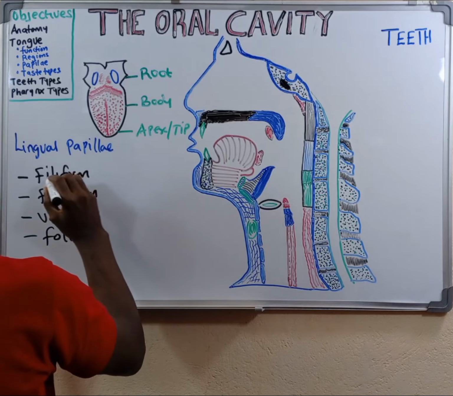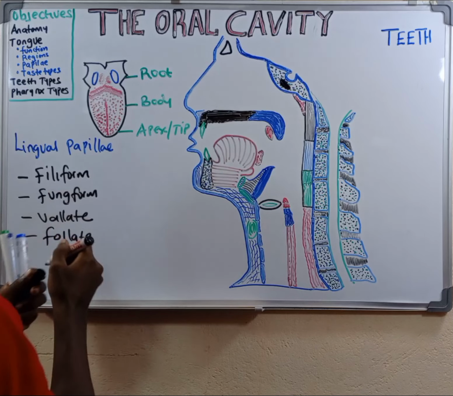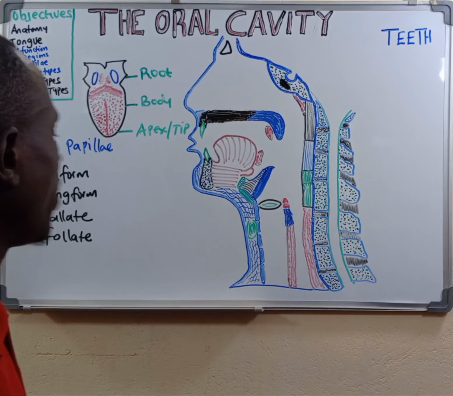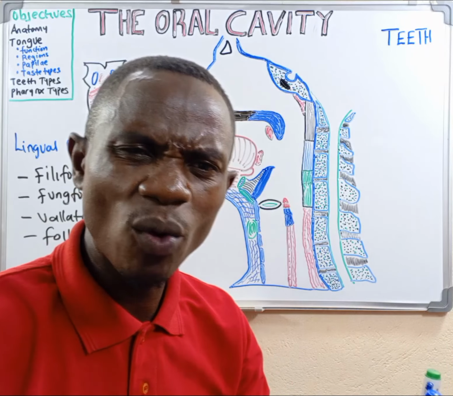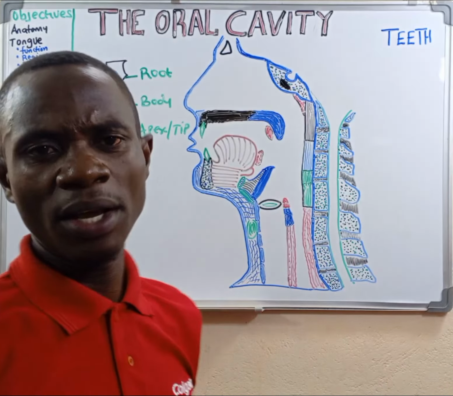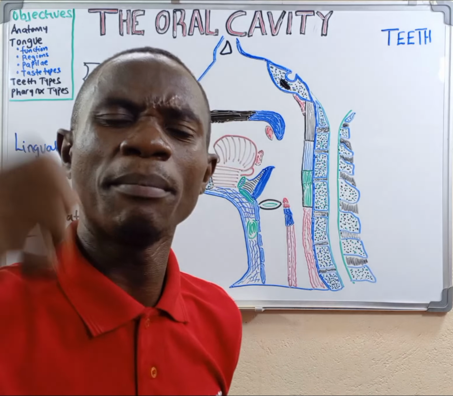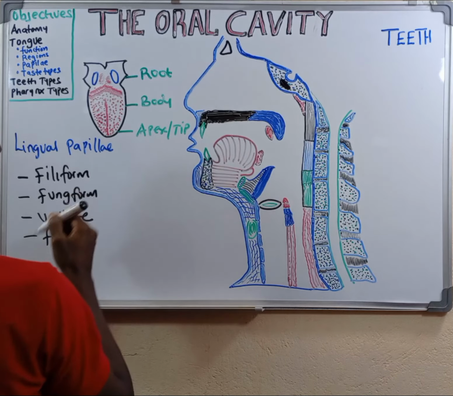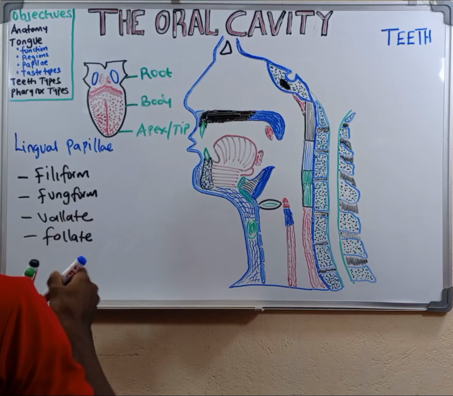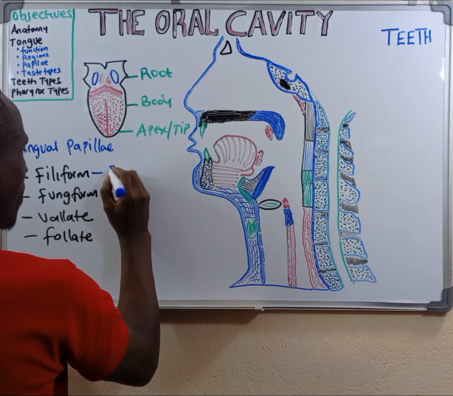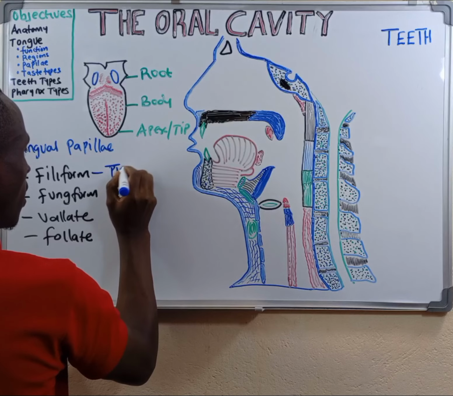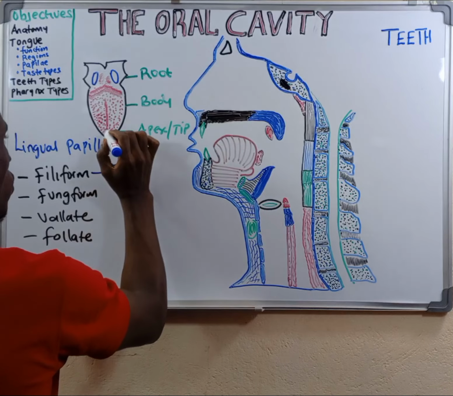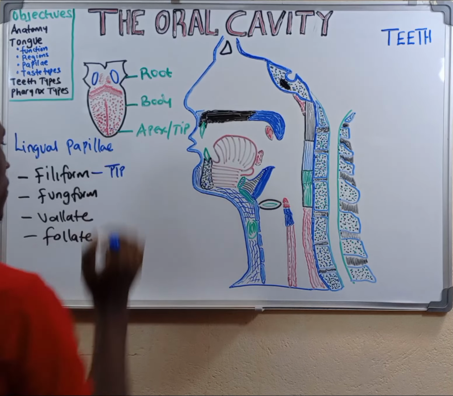Generally, the filiform papillae are the tiniest and the most numerous type of lingual papillae, and they are located mainly at the tip of the tongue.